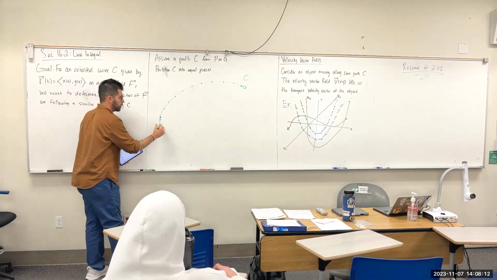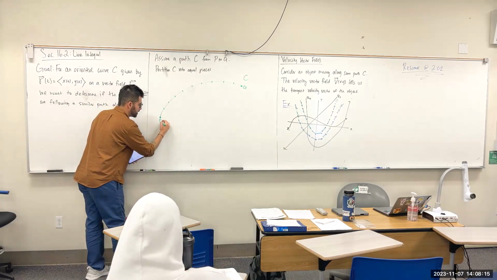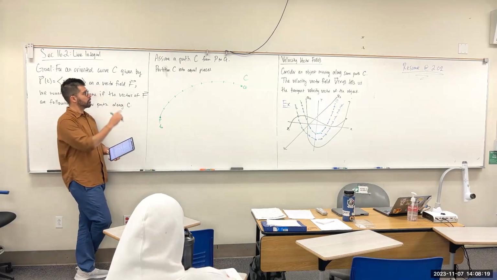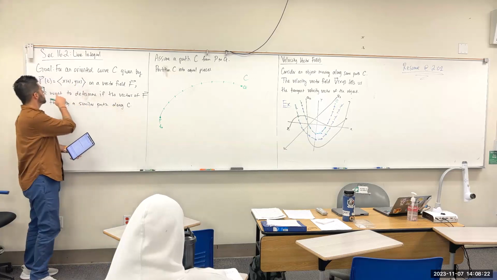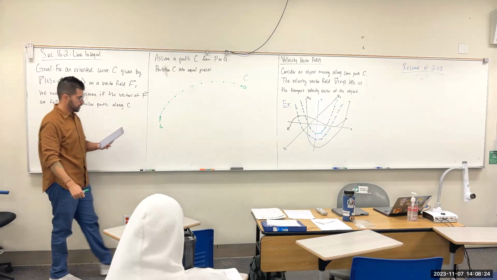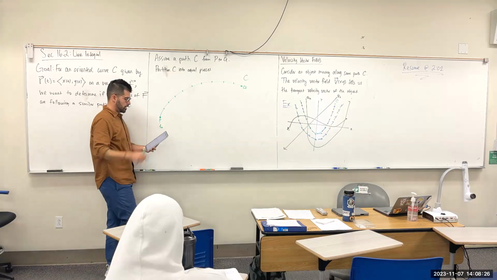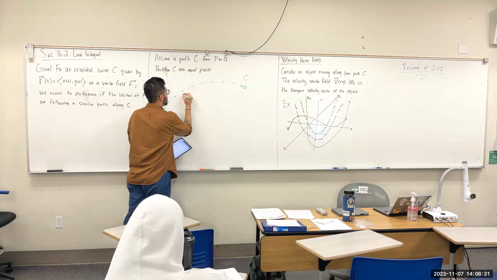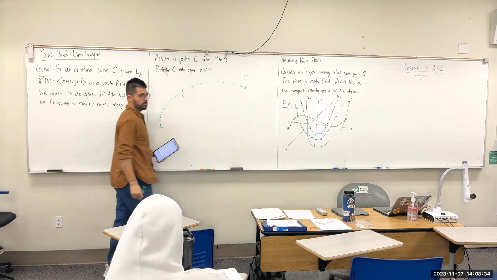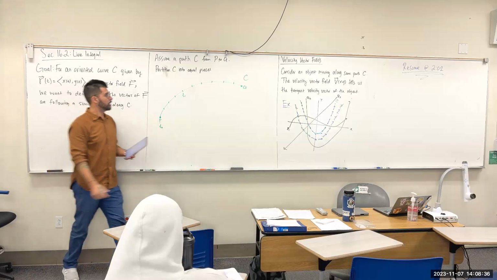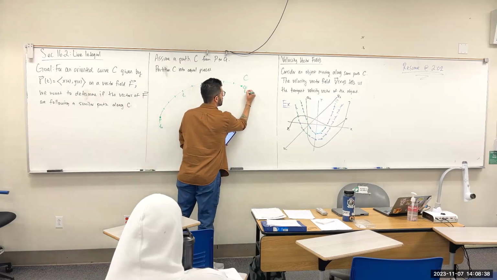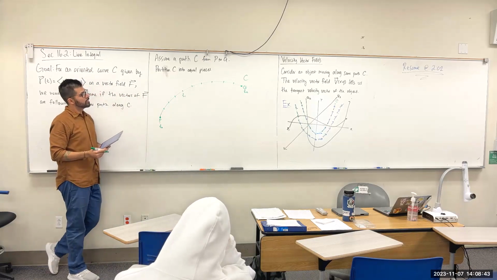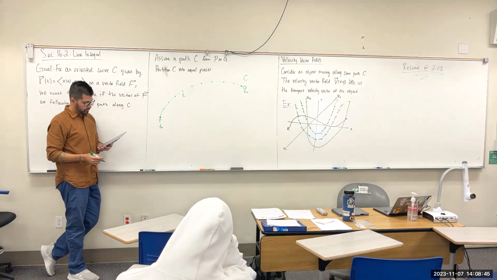This P we're going to call t naught, at time 0. Remember, for vector functions, we're thinking of t as time. So let's call this t naught, and let's pick a random t, say here. We're going to call this t i. And then the last one is going to be t n.